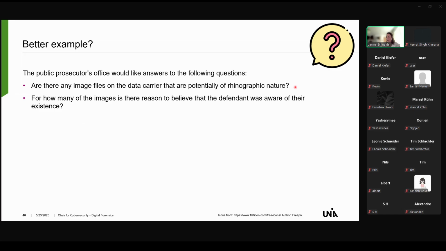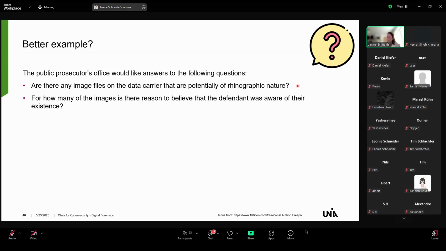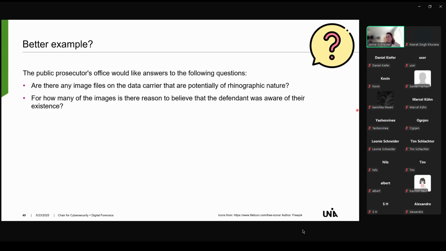Only the judge may actually apply the legal definition. Analysts can only identify potential images. Maybe you can say they show this and that, but we cannot say they are of pornographic nature. We can, of course, compare them to hash databases or certain lists, but the pornographic nature is still a problem here.